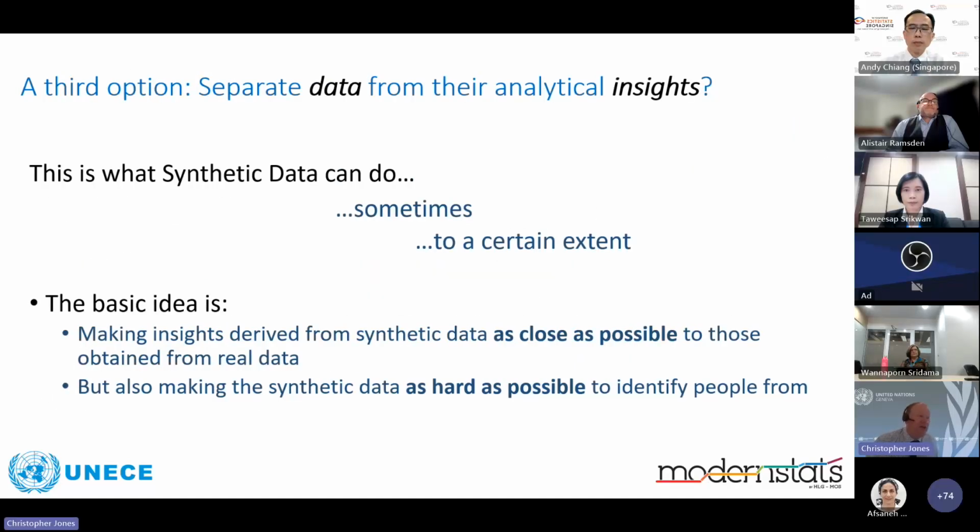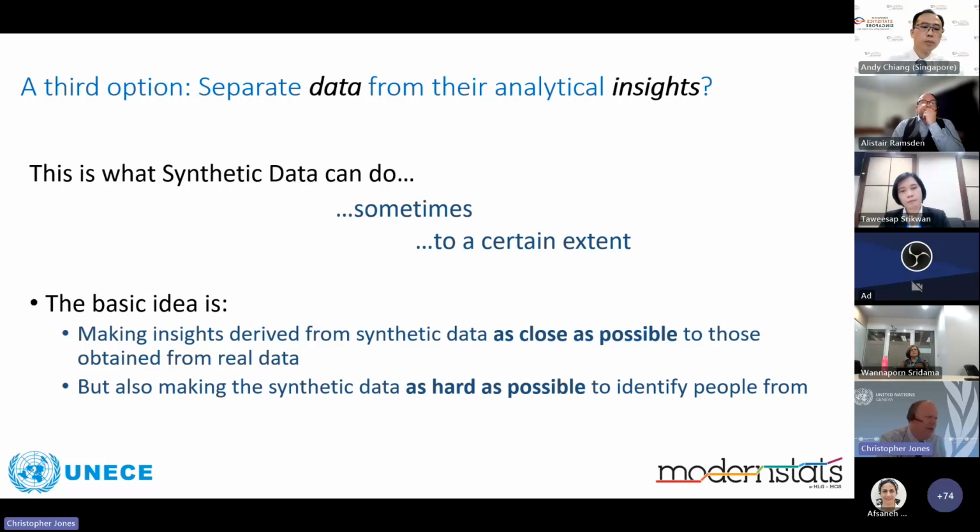Whenever you have a dilemma, the natural thing to wonder is whether there is a third option. That third option is perhaps trying to separate the data from the analytical insights that they contain. And this, to some extent, is what synthetic data might be able to do sometimes and to some degree.